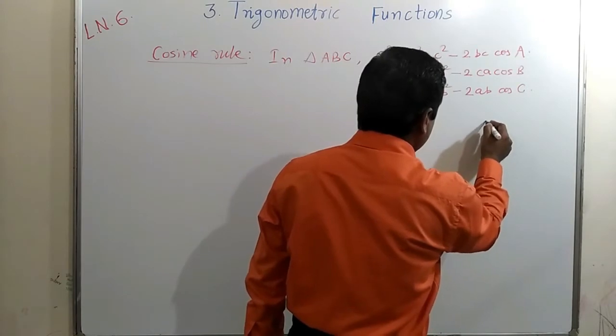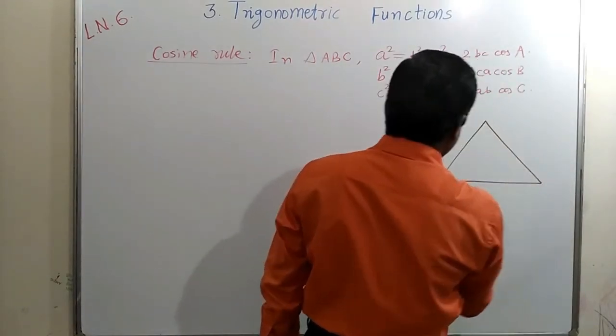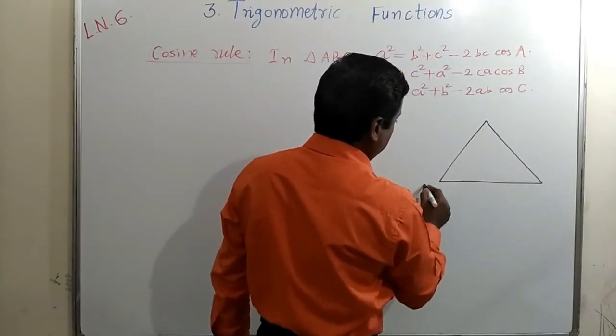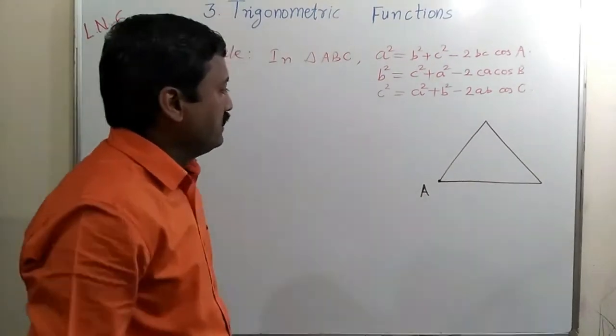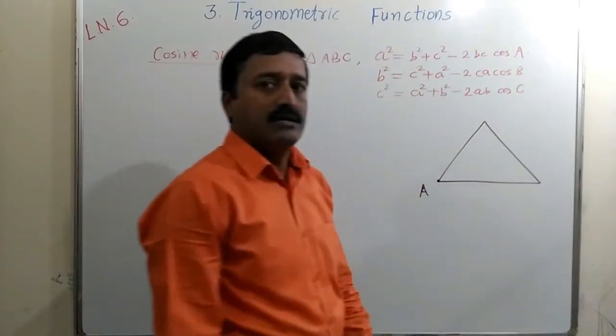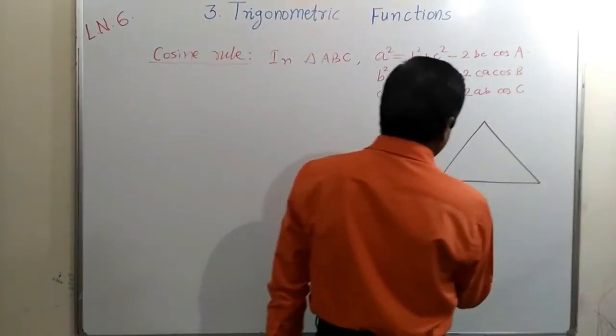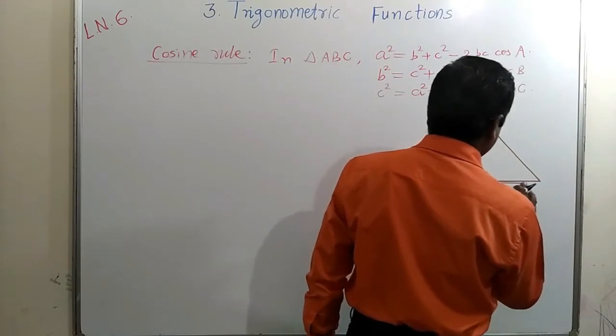Suppose in this triangle vertex A is at the origin and the side AB is along the x-axis.